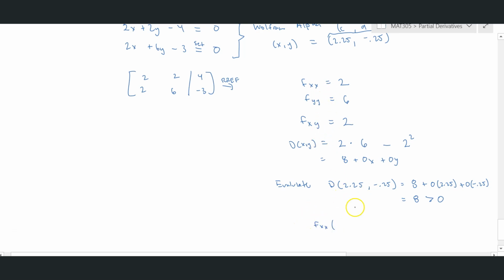fxx at our point 2.25, comma, negative 0.25. Well, it's always equal to 2. So again, I could write it like this: 2 plus 0 times 2.25 plus 0 times negative 0.25, just so you feel like you're plugging something in. That's equal to 2. 2 is bigger than 0.